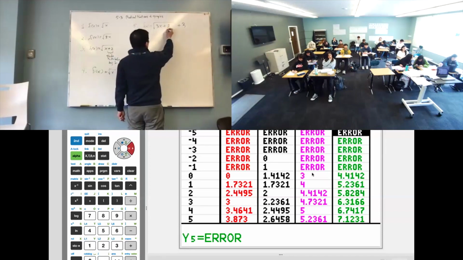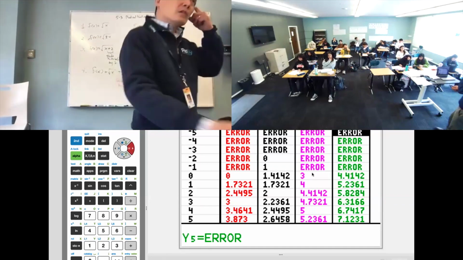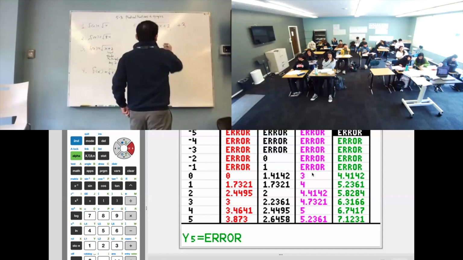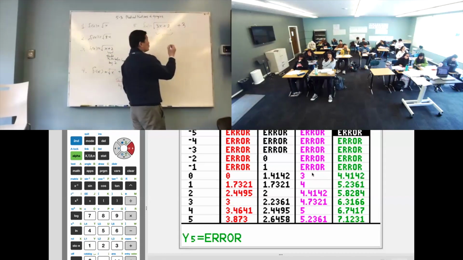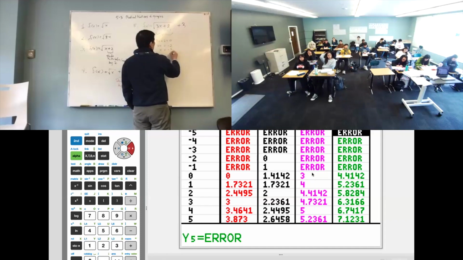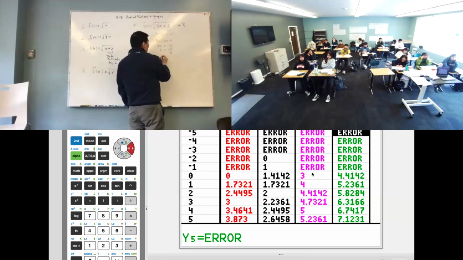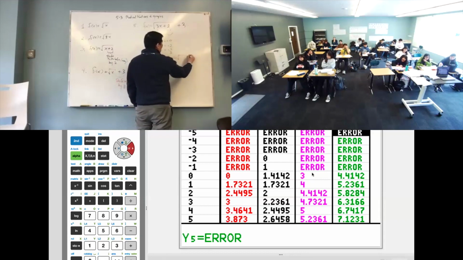The reason is that now we have a 3 right here, and you have to look at the whole thing that will make it equal to 0. 3x plus 2 equal to 0, so 3x is equal to negative 2, and x is equal to negative 2/3. So if x is less than negative 2/3, it will make this square root a negative value.